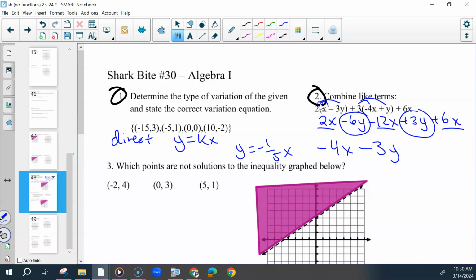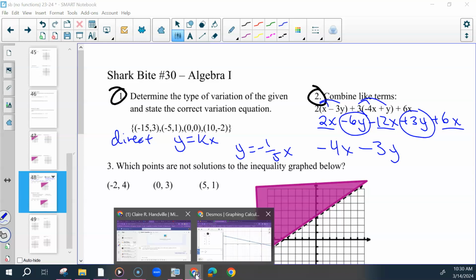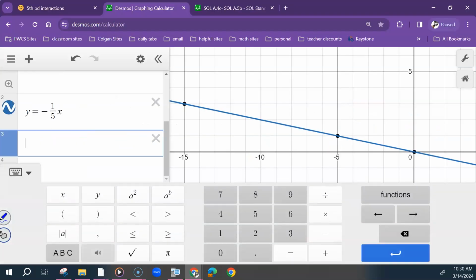If I were to put that into Desmos to double check, I could put in the original and the final answer, with x's and y's, capitalized.